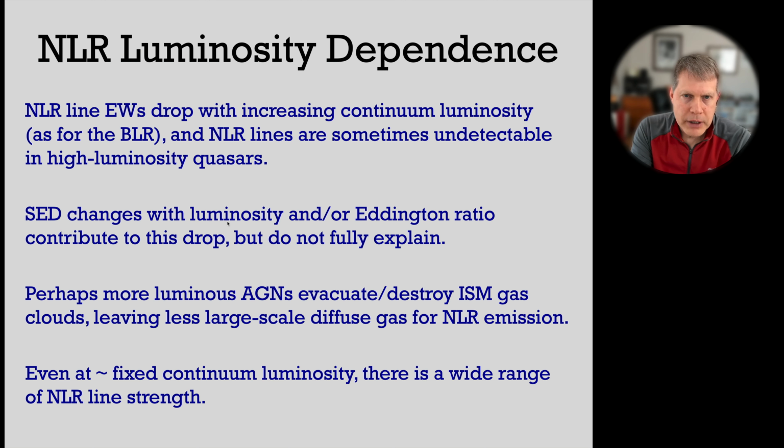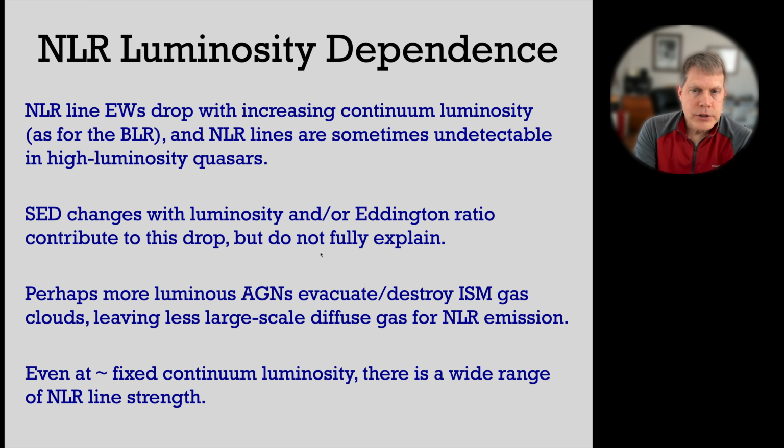That dependence upon luminosity and/or perhaps the Eddington ratio likely contributes to the drop in the intensity of many of the narrow line region lines. O3, for example, being a high ionization line, surely suffers on account of this. But that probably does not fully explain the results when people consider this in detail.